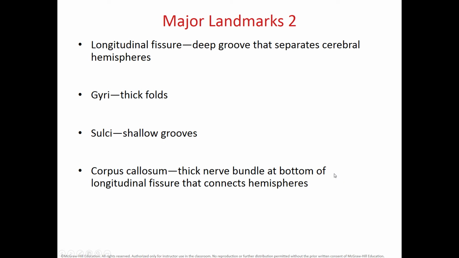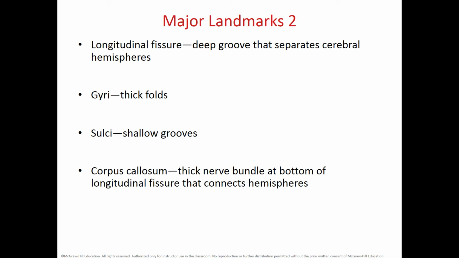The longitudinal fissure is a deep groove that you can see from the superior portion of the cerebrum that separates the cerebral hemispheres into left and right. On the surface of the cerebrum we have these thick folds or convolutions or turns that we call gyri, and then we have divisions between the gyri that we call sulci, which are shallow grooves.